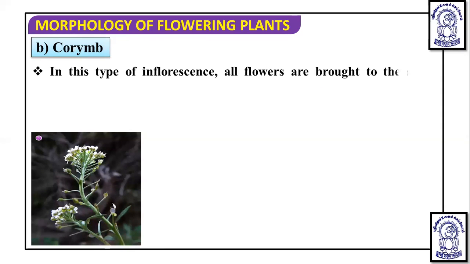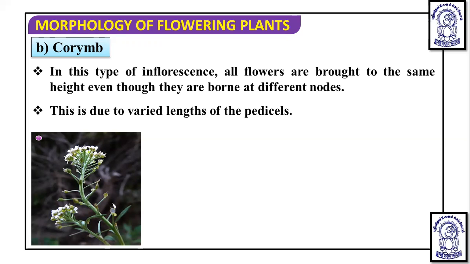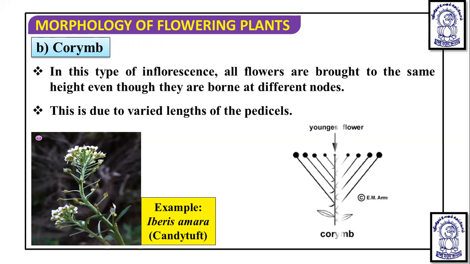In corymb, what happens is that all flowers are brought to the same height even though they are born at different nodes. This occurs due to the elongation of the pedicel of the lower flowers, the flowers arranged at the lower nodes. So this is due to the varied length of the pedicel, and this corymb is found in Iberis amara, and it looks like this.